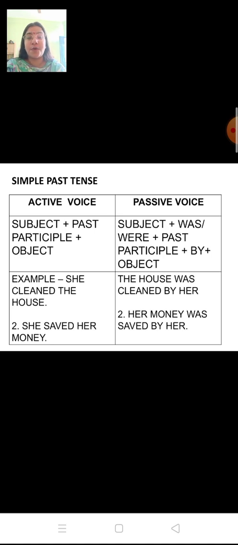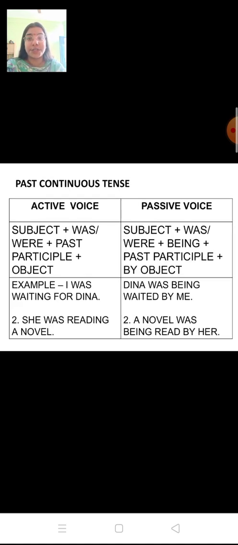Now let us move on to another case, past continuous tense. If the sentence is in active voice, the structure will be subject plus was or were plus present participle plus object. For example, I was waiting for Dinah. Now, if we want to change I was waiting for Dinah into passive voice, what is going to be the structure?